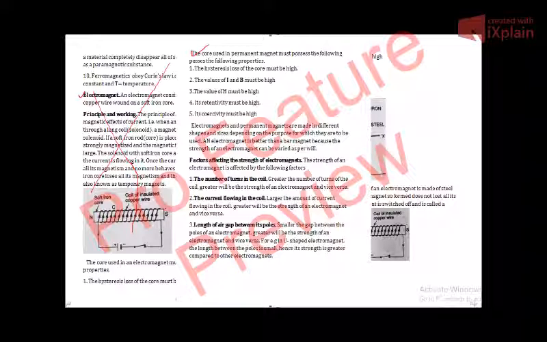For example, if you have a U-shaped electromagnet, then the length between the poles will be small. You may understand it if you have a U-shaped, because north pole and south pole will be very close to each other. Hence its strength is greater compared to the other electromagnets.